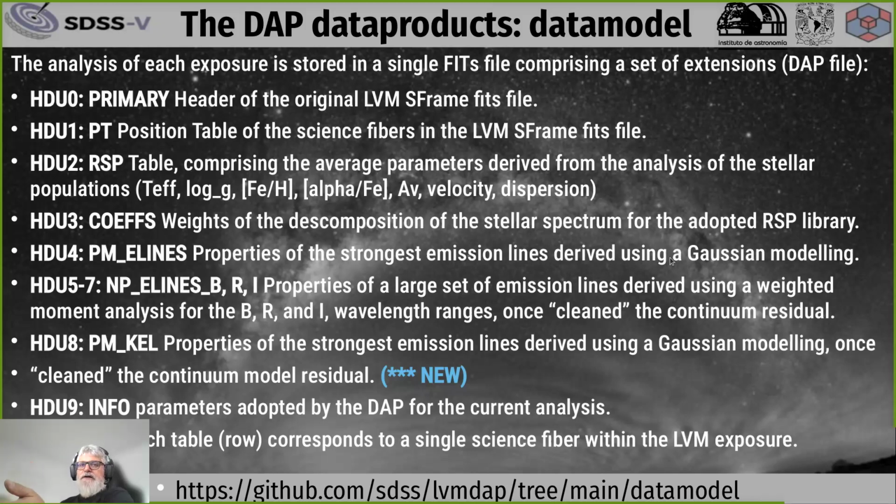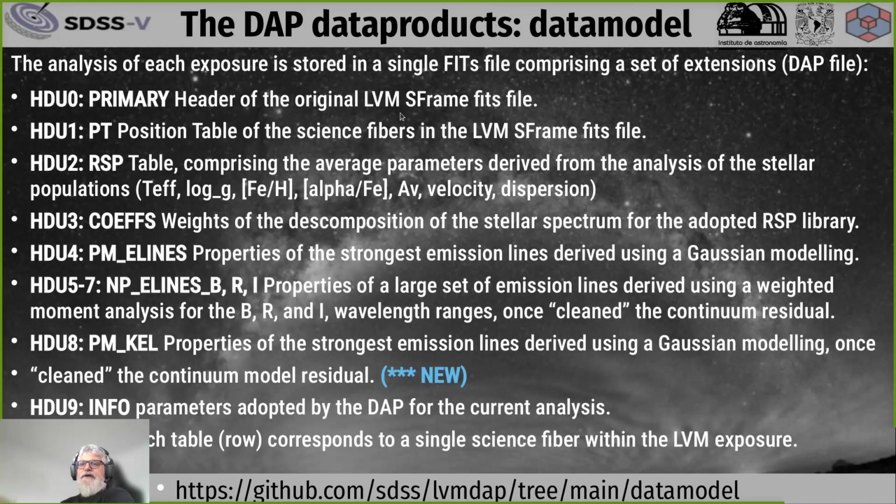It's a FITS file with certain extensions. The first extension is the primary header, that is basically the header of the local volume mapper reduced frame produced by the data reduction pipeline. So you can trace back which frame has been analyzed and all the observational details of that frame.